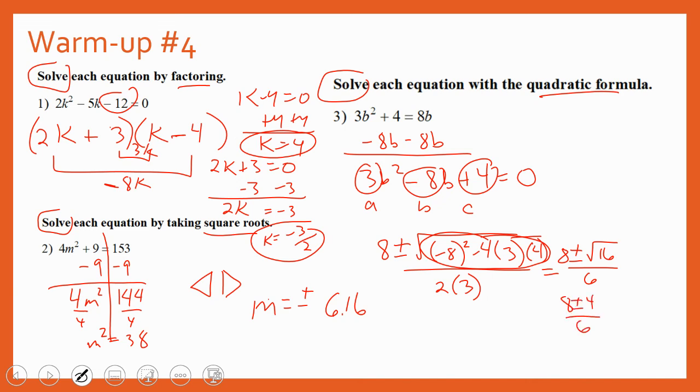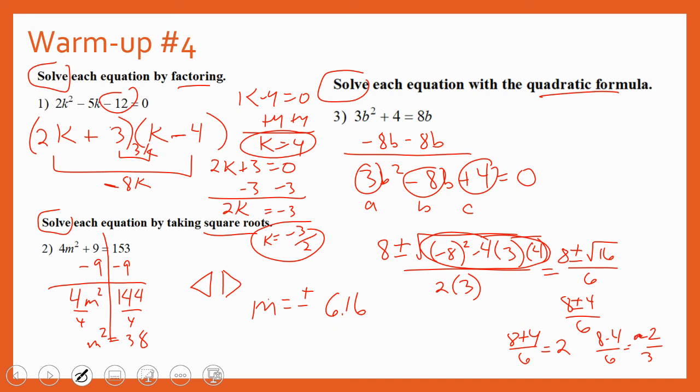So your two answers: 8 plus 4 over 6, which is 2, and 8 minus 4 over 6, which is -2, or 2/3, not negative.